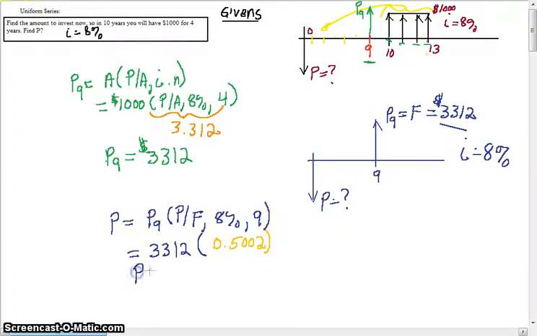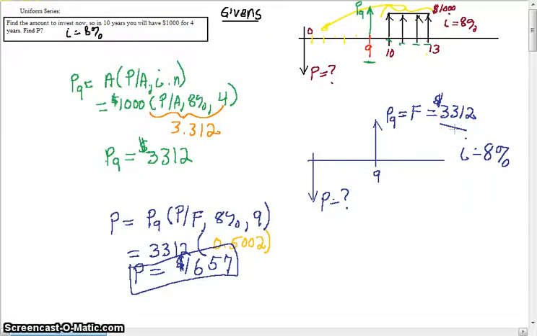Or P equals 3312 times 0.5002, which equals about half, of course, which is $1,657. Okay, so there's our value for P.